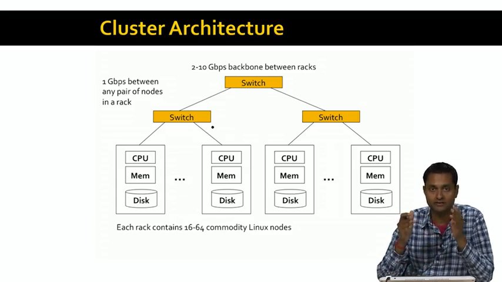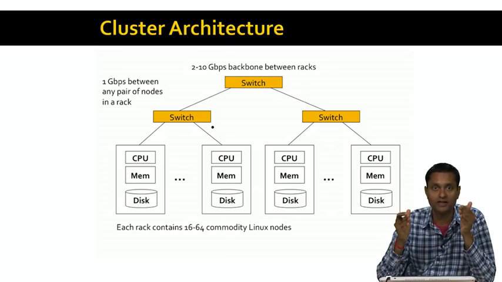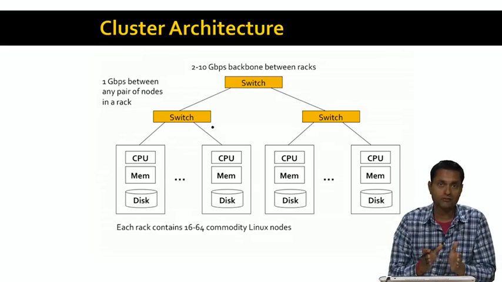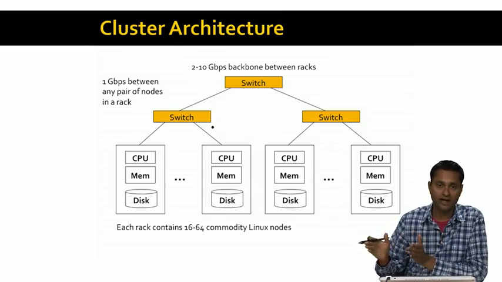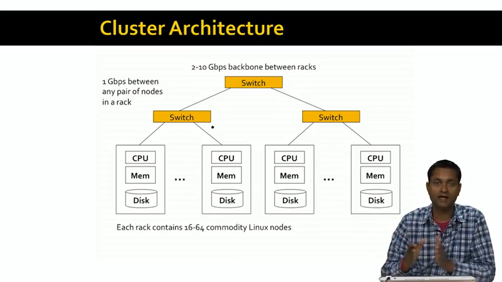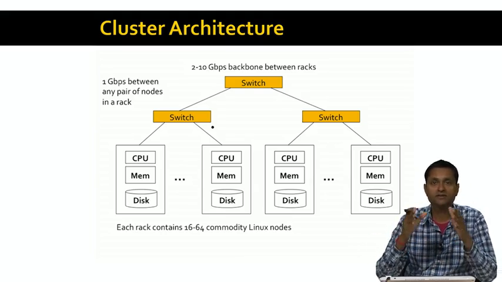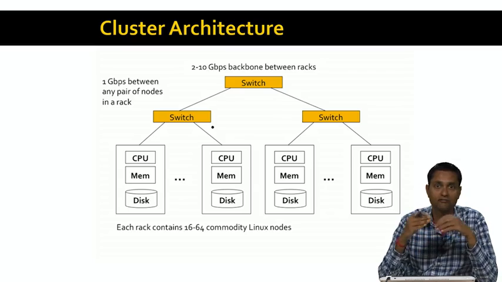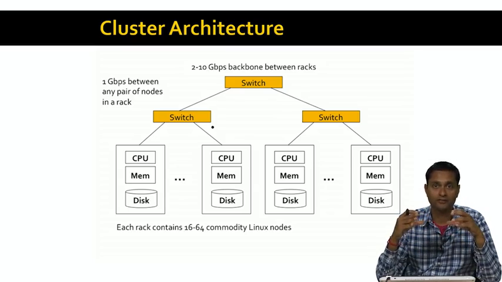And the backbone switch is a higher bandwidth switch. It can do 2 to 10 gigabits between racks. Right, so you have 16 to 64 nodes in a rack, and then you rack up multiple racks, and you get a data center. So this is the standard cluster architecture that has emerged over the last few years for storing and mining really large data sets.